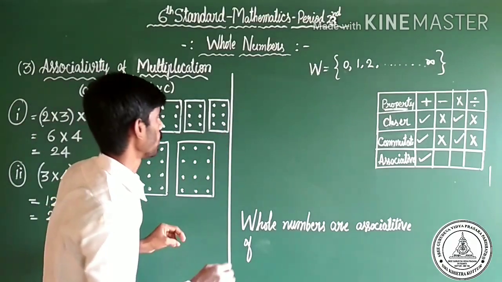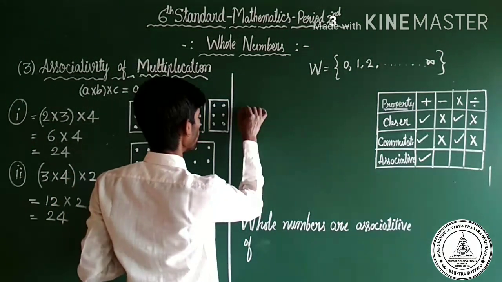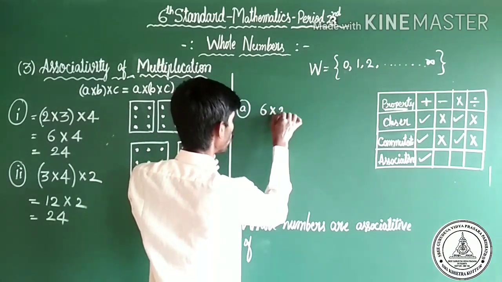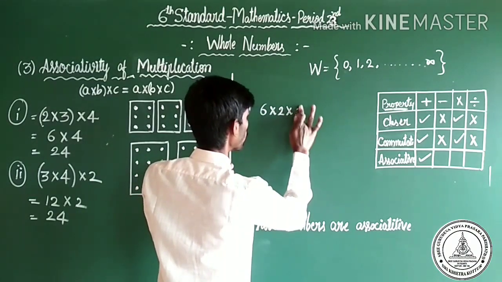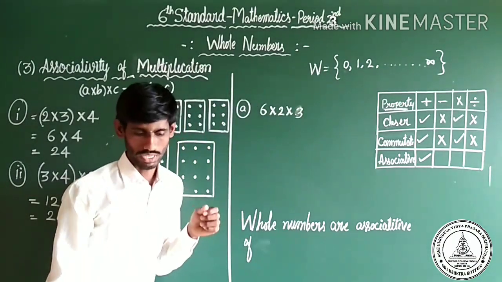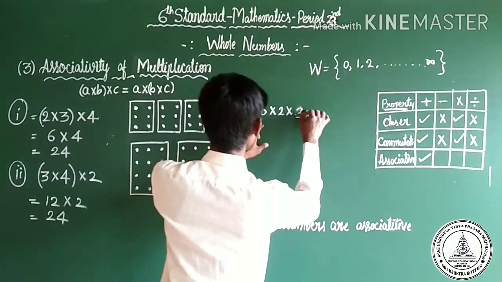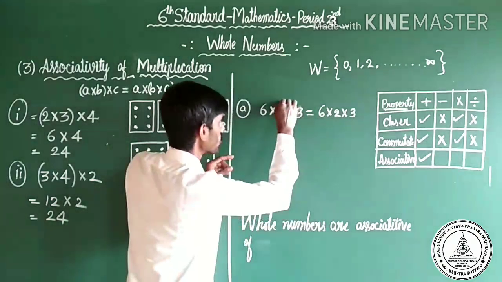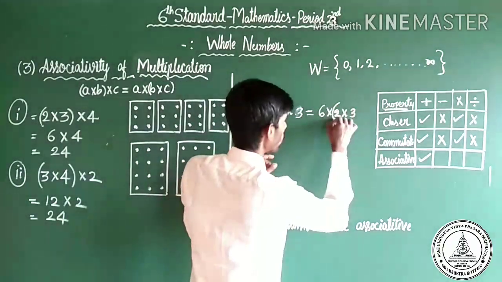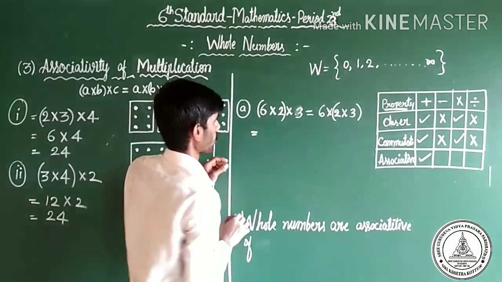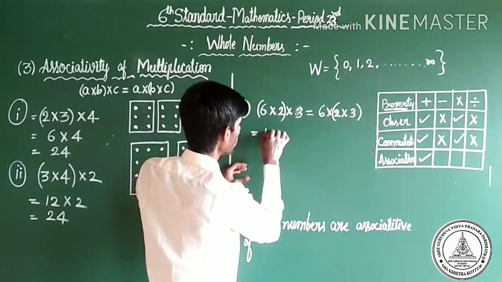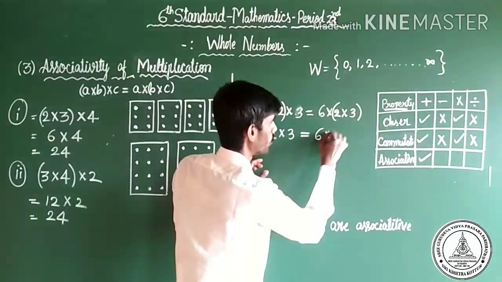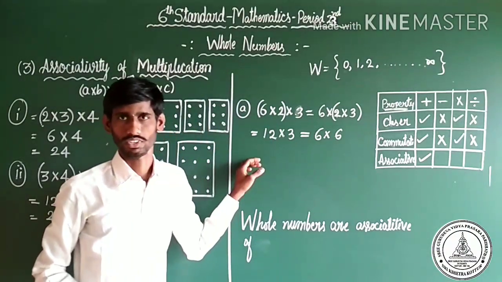Let us check through some more examples. Another example is 6 into 2 into 3. (6 into 2) into 3 is equal to 6 into (2 into 3). 6 and 2 is one group. Here 2 and 3 is one group. Just check it. 6 twos are 12, into 3, is equal to 6 as it is, into 2 threes are 6.